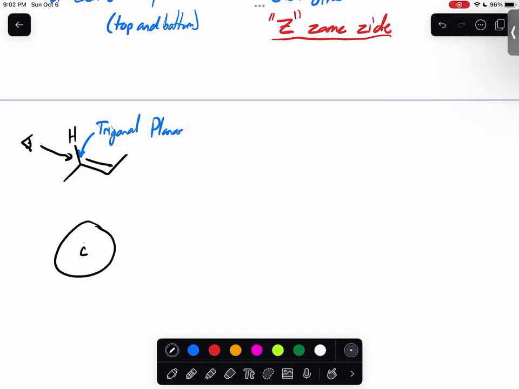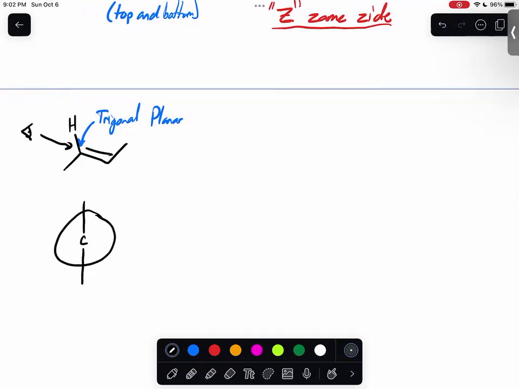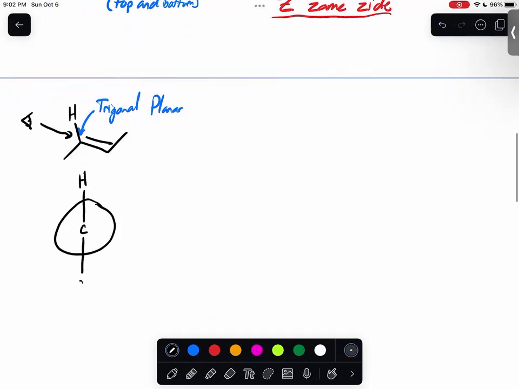When looking at a Newman projection, we have a group pointing straight up and a group pointing straight down. That's why I put that carbon in there, to make it easier to see. The group pointing straight up here, above the eye, is that hydrogen, and the one pointing straight down is this CH3, right? On the opposite end, we have the back carbon, where pointing straight down is a hydrogen and pointing straight up is a CH3.